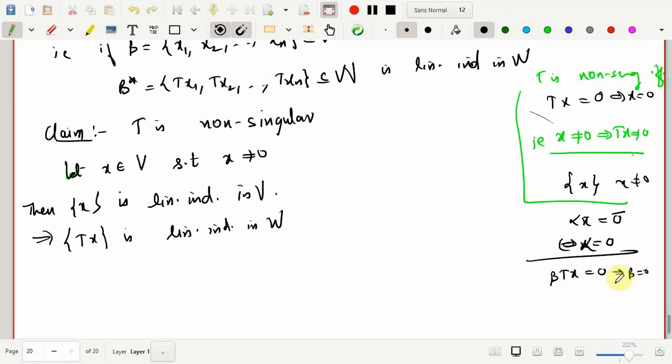So that would mean that Tx is non-zero. If it were equal to 0, then it could not be a linearly independent set.